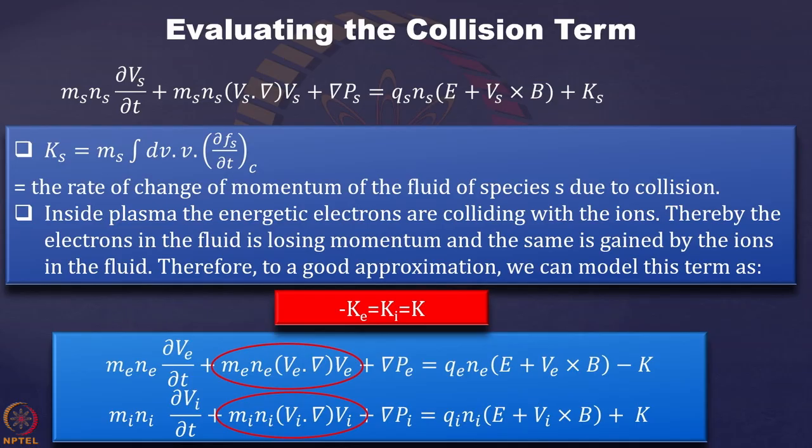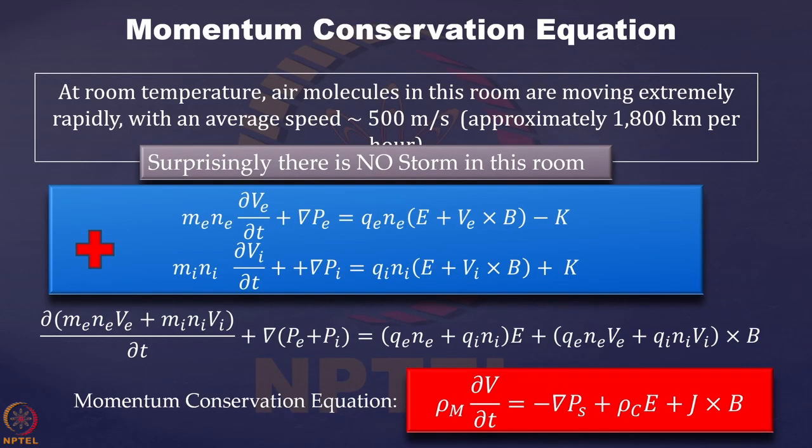So in those cases, we can neglect this term, and if the fluid is not moving at all, it is completely stationary, then we can take that V is equal to 0. But plasma moves. Like if there is a fan blowing in this room, the air will move. That velocity may not be very high, and that velocity may be quite negligible compared to the speed with which the molecules are moving.